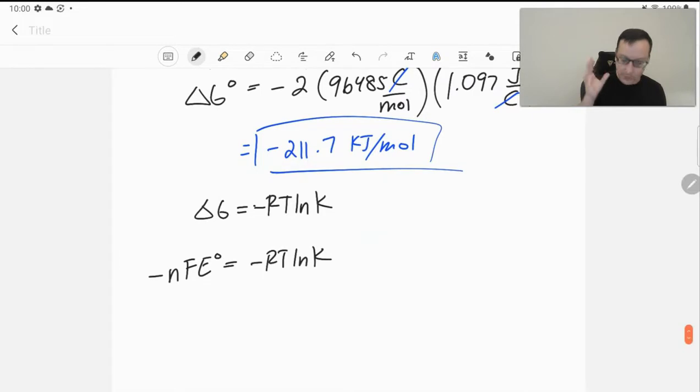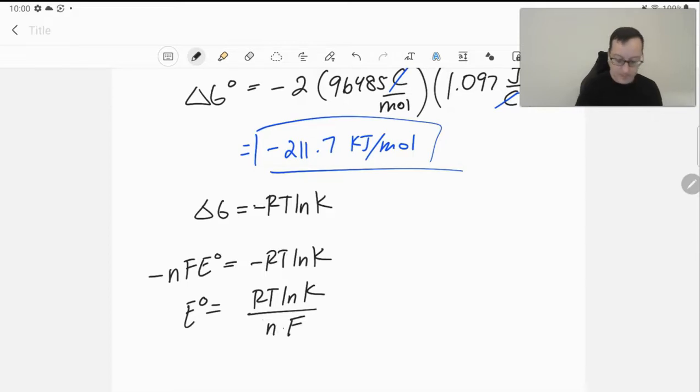If we solve first for E, our cell potential would be RT ln K over nF. Hooray, we can do that. Alternatively, if we were so inclined, we could also solve this for the equilibrium constant. Ln K, if we solve that, would be nFE over RT.